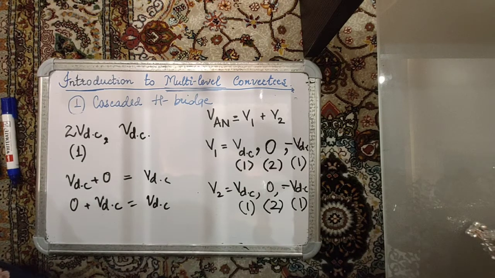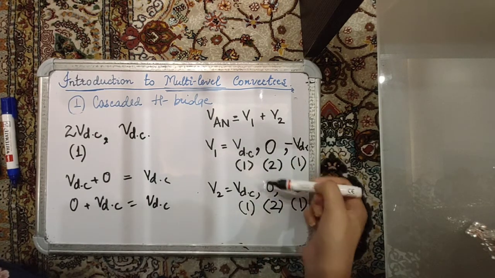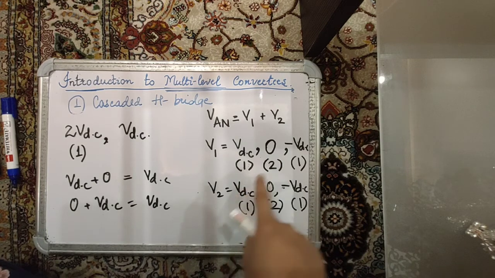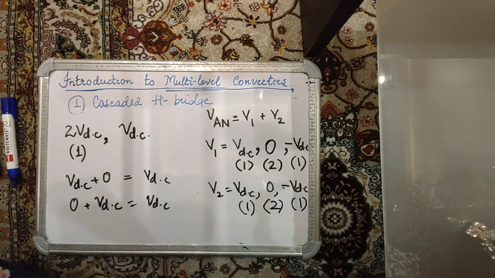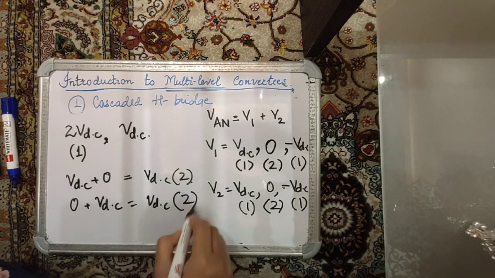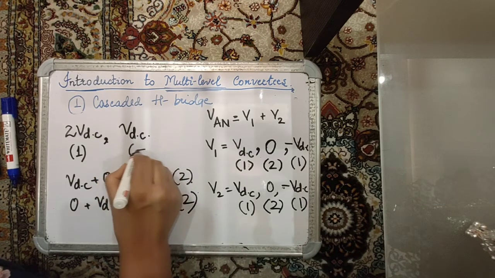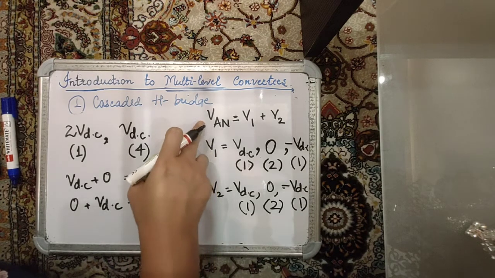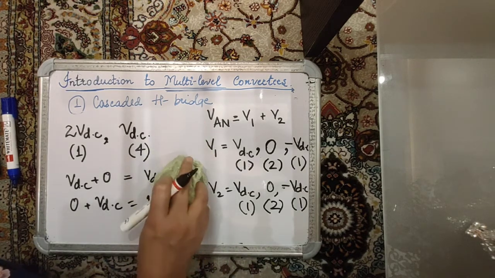But how many switching states will produce that effect? So when VDC is adding to 0, 1 into 2, so 2 switching states can cause it. And when 0 is adding to VDC, 2 into 1, again 2 switching states are causing it. So 2 possibilities for this and 2 possibilities for this, a total of 4 switching states result in total phase voltage being equal to VDC.